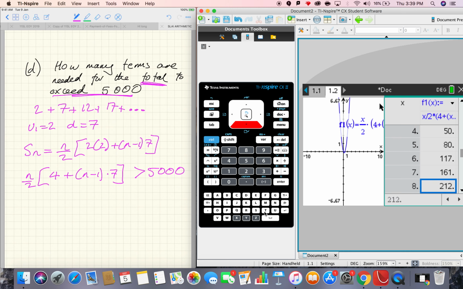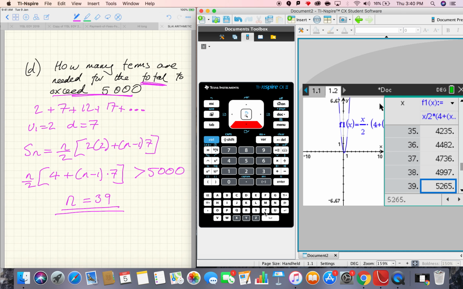We're just going to scroll down. I want to get to 5,000 as a sum. And look, I'm nearly there already. That didn't take long, did it? Look, 38 terms takes us to 4997, and then 39 terms takes us to 5265. So basically, we need n to be equal to 39.